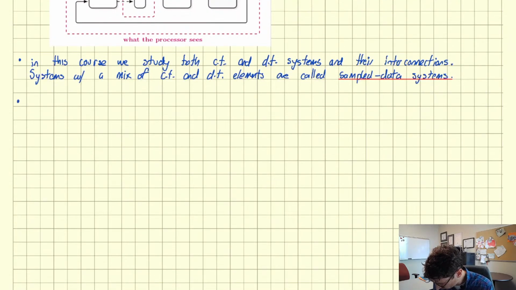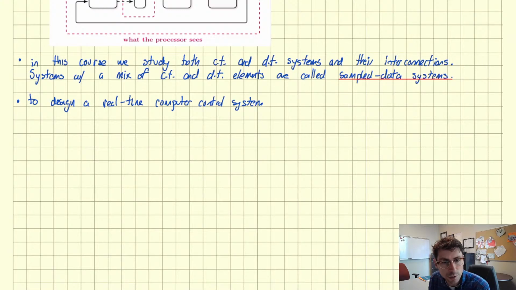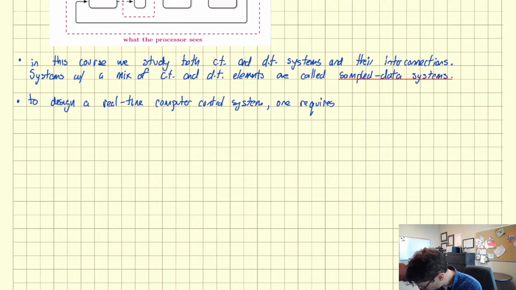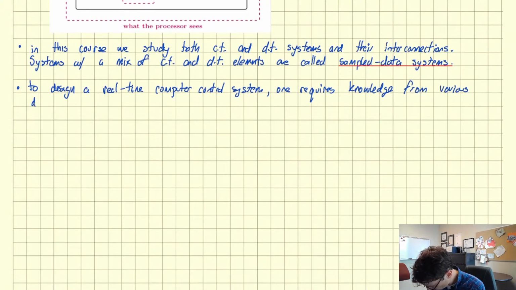So to design a real-time computer control system, one requires knowledge from various domains.